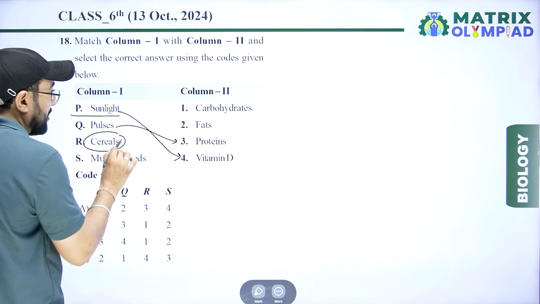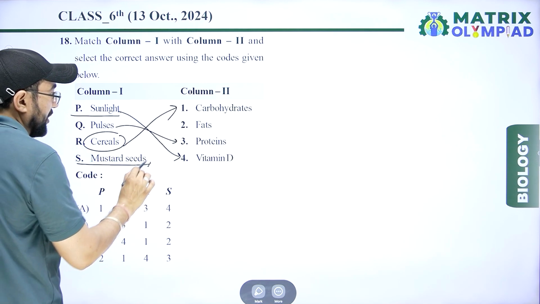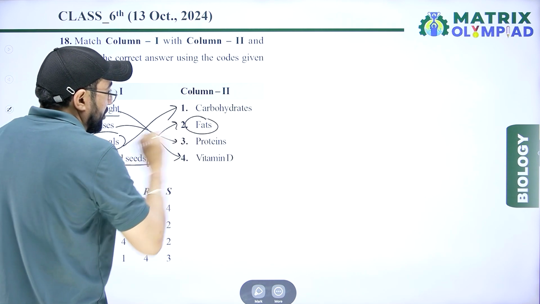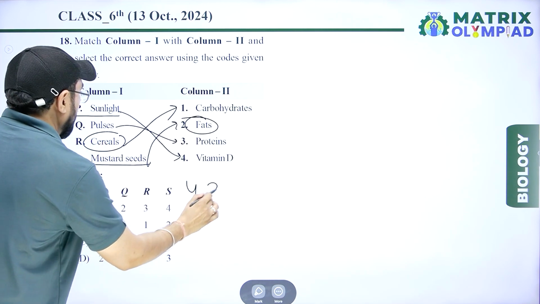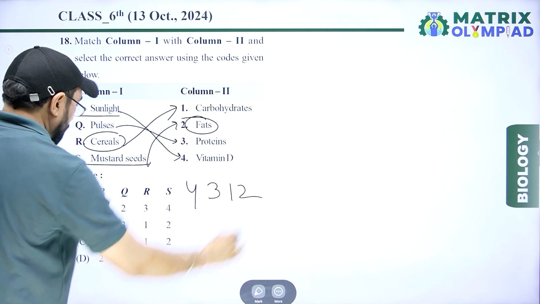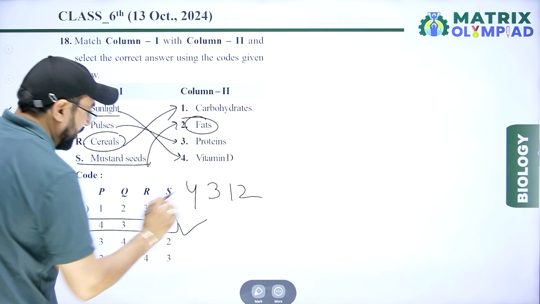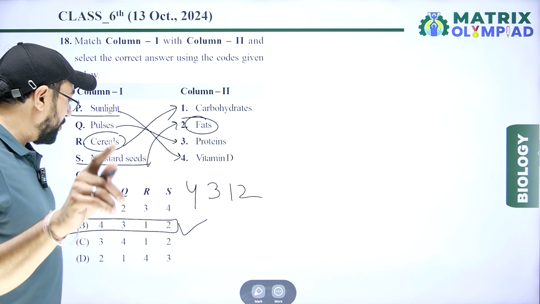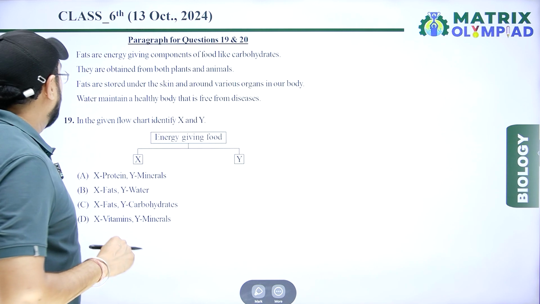Cereals contain carbohydrate, and mustard seed, oily fat. So this matching shows 4, 3, 1, 2. Option B is correct for this matching.